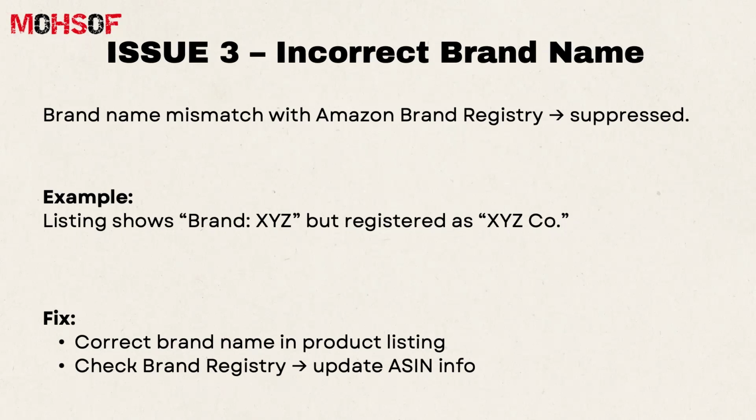It will not take information from the backend. Nowadays, in the new Amazon listing template, they automatically give you a list of your registered brands so you can select one of them. Previously you could write your own, but nowadays that is not an option. To fix it, you need to write the correct brand name exactly as it was in your brand registry, and then the product will be listed easily.